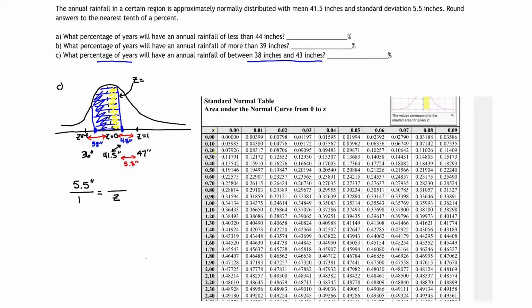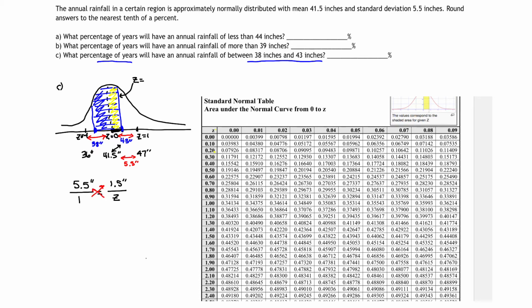Now, what is that distance? If I subtract, I get 1.5 inches. Between 43 and 41.5, there's a difference of 1.5. So that 1.5 inches corresponds to what z value, in the same fashion as the 5.5 inches corresponds to the z value of 1?